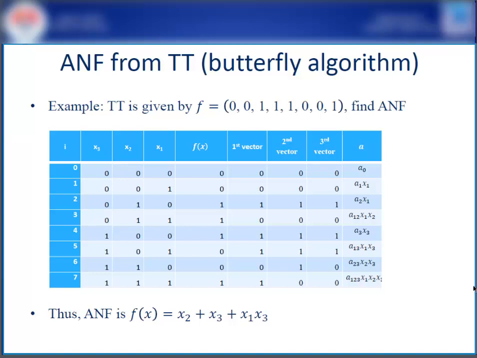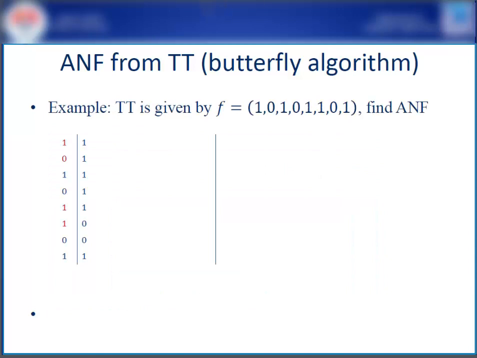So this is how we calculate the algebraic normal form if only the truth table of a Boolean function is given. Here we have another example.